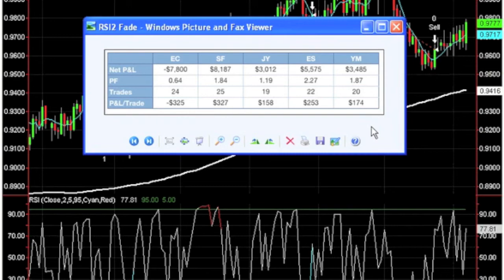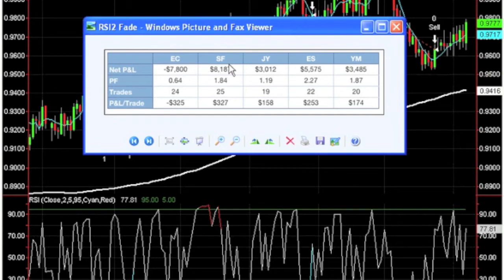The ES and YM is what I was most interested in, and you can see they made nice profits over those markets, while the currency futures EC and the Japanese yen didn't do so hot. EC, of course, very poor. Clearly it's a trending market. The Swiss franc actually did pretty well on this.